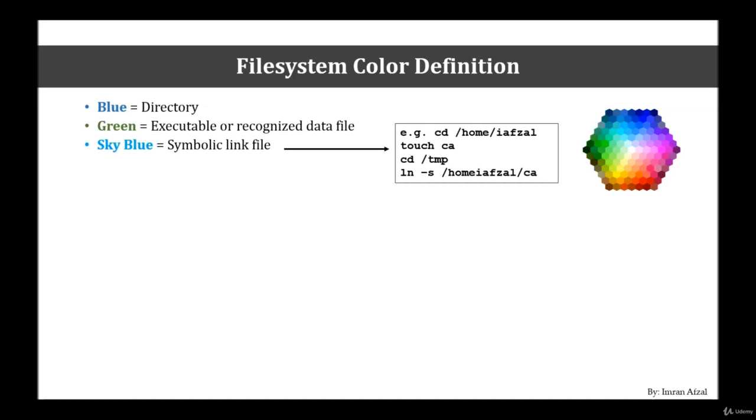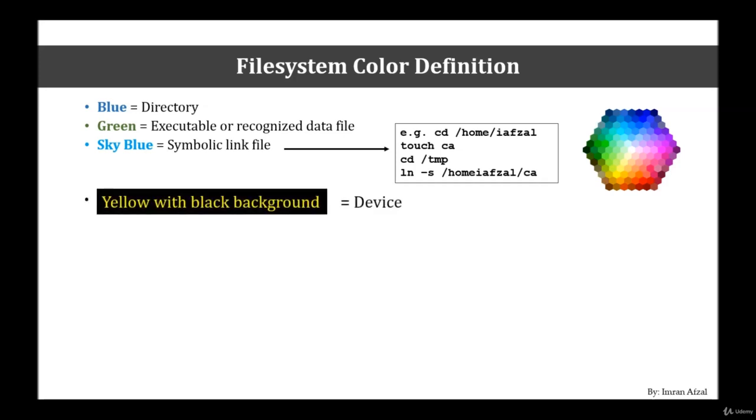And then you run the command ln -s, symbolic link, to /home/ifzol/ca, which is Captain America. By the way, I apologize, I missed the slash right after home. But anyway, we will cover all these steps and I will show you exactly when we create a link how it shows up in a different color.